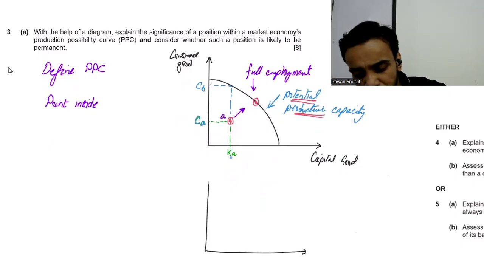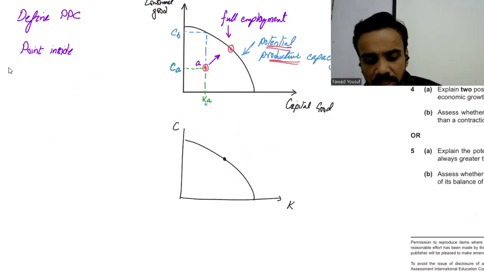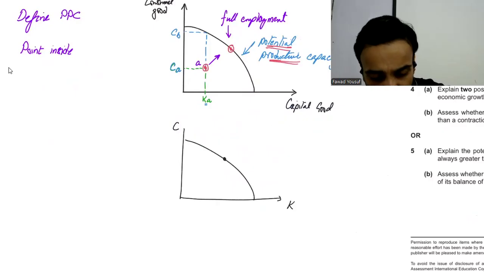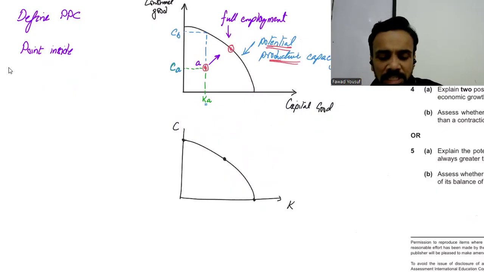Every economy, capital, consumer, and let's say like this, imagine if an economy is here at potential. We have to connect to the y and the x axis. It's a must. Imagine the economy is at potential.